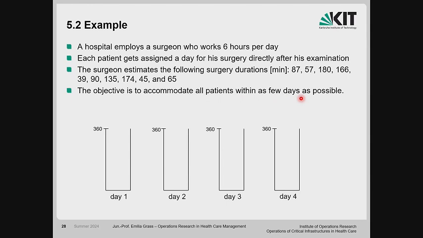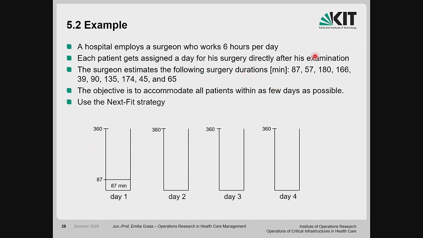So if we use an online algorithm, we take the first 87 minute surgery and, because we use the NextFit strategy, we place it into the first day. Overall we have 360 minutes of operating time capacity, so he works 6 hours.